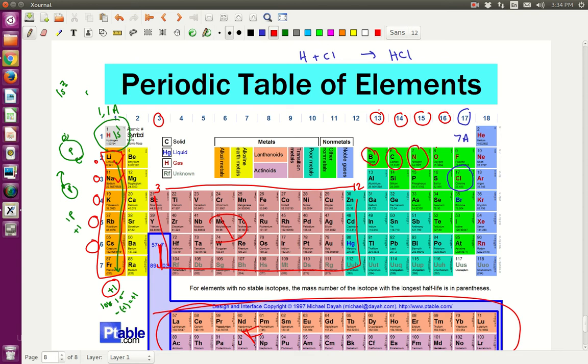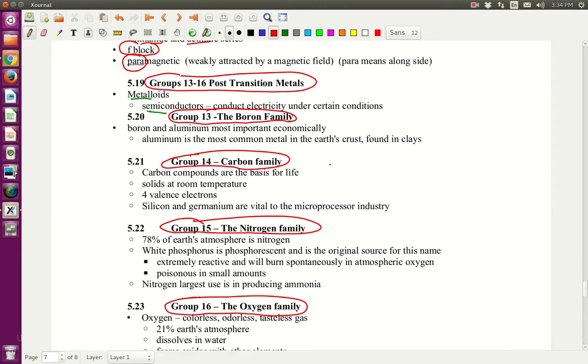Group 16 is the oxygen family. See, nothing hard there. They're just the name of the element at the top of the column. So you need to know alkali metals, alkali earth metals, transition metals, inner transition metals, boron family, carbon family, nitrogen family, oxygen family, and then these next two have special names. Okay, so let's go back up and talk about them just a little bit.